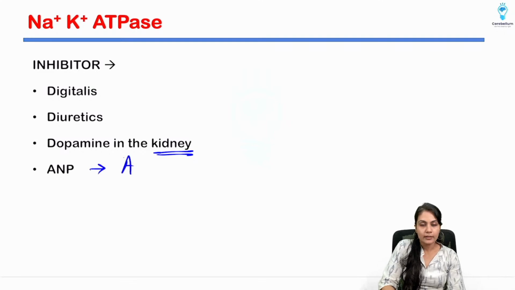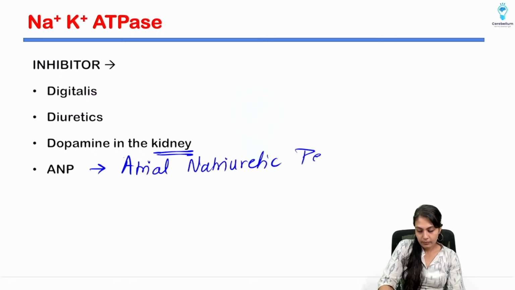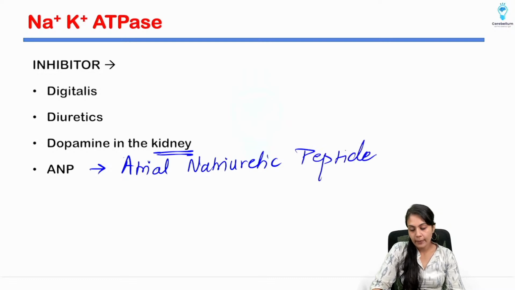From the atria, the right atrium and left atrium of the heart, the natriuretic peptide is released. So this is known as atrial natriuretic peptide.